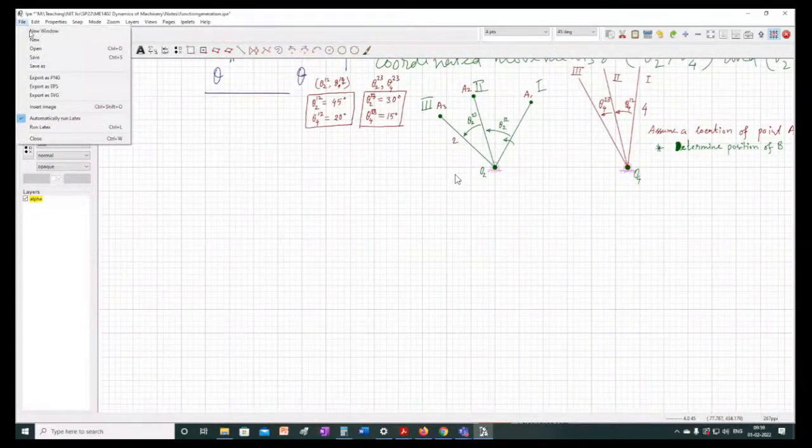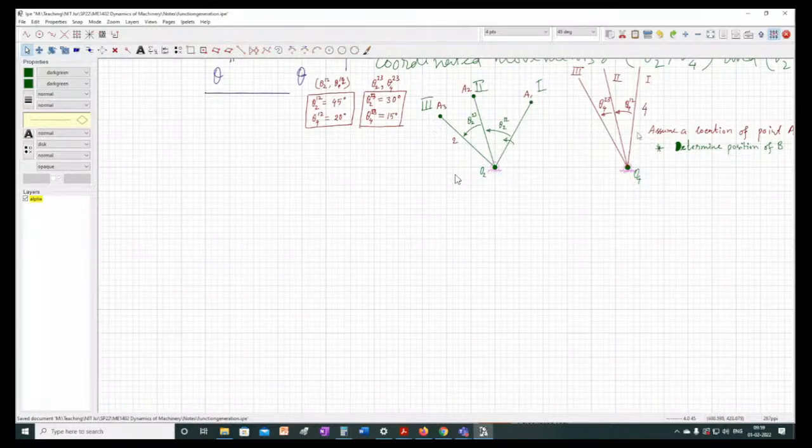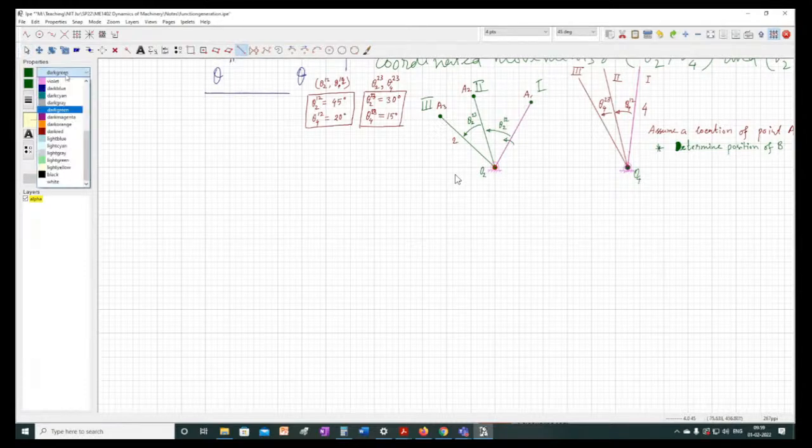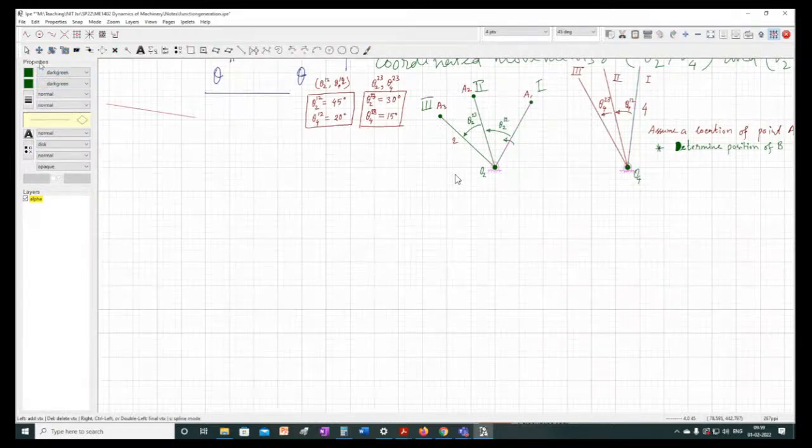As we did for our previous cases, we will first copy the essential positions. This one, link 4, O4, and link 2, let us copy this O2.